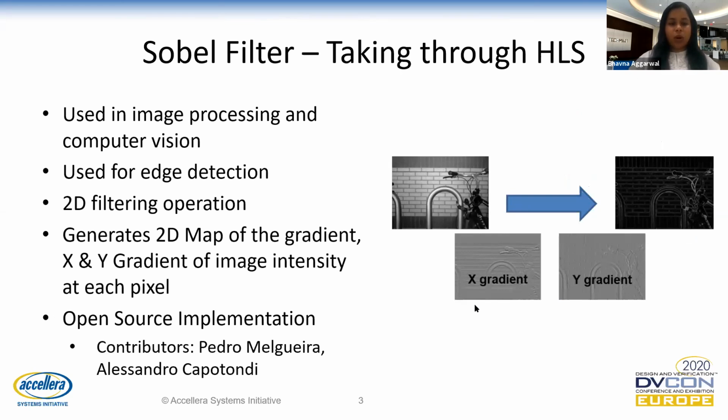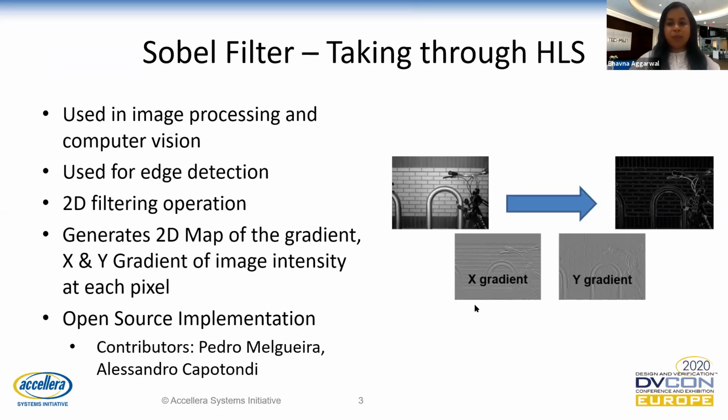This operator, also called the SOBEL operator, generates a 2D map of X and Y gradients of image intensity at each pixel level, finds the direction of the largest increase from light to dark, and rates the change in that direction. Here is an example starting image shown on the right, the gradients, and their filtered result.